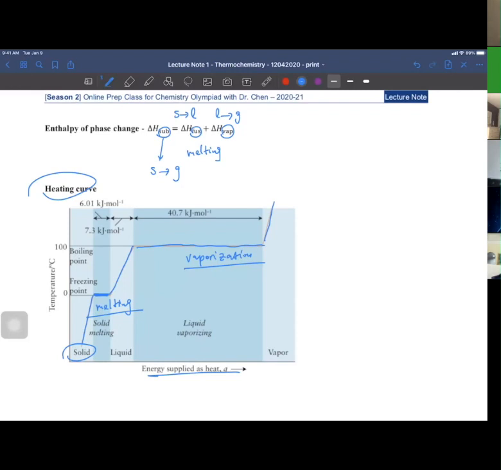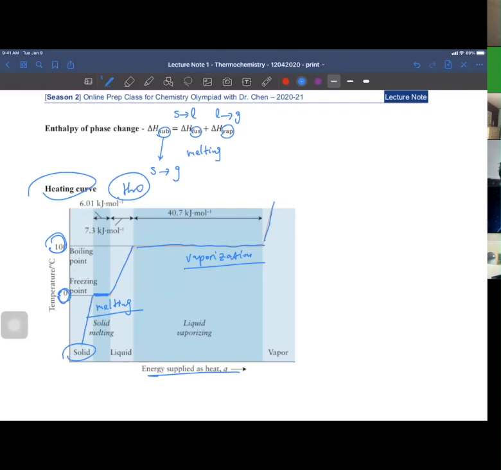And if you pay attention to the y-axis, the temperature here is the freezing point or the melting point. The temperature here is the boiling point. I think this is for water, right? Because at atmospheric pressure, water has a freezing point of 0 degrees Celsius and a boiling point of 100 degrees Celsius.